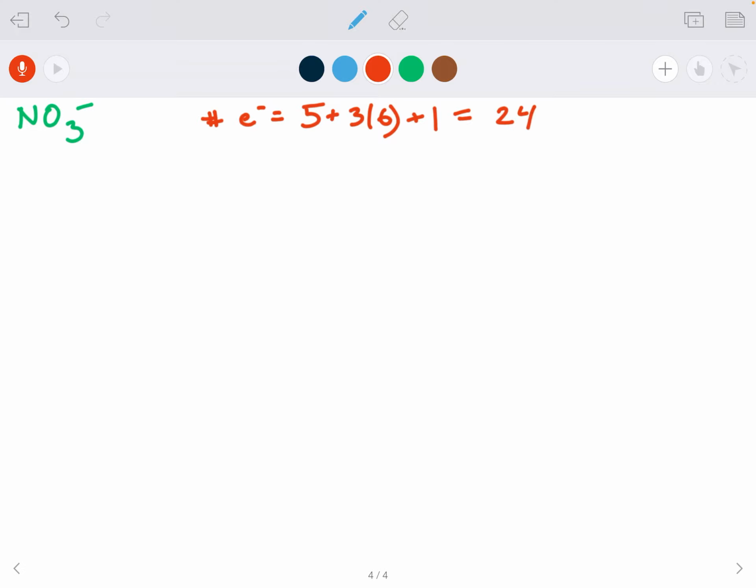So this is going to be 24 total. Very likely nitrogen here is the central atom because it's less electronegative than oxygen is. So take away 6 electrons because I just put those into the single bonds, and we're left with 18.